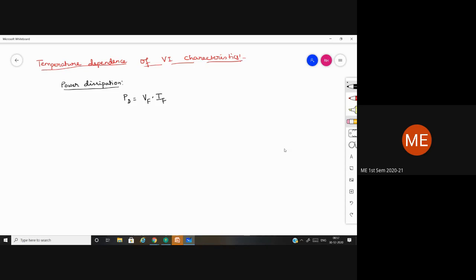Whenever you purchase a diode, you can find the data sheet, even on Google. This data sheet contains all the characteristics of that particular diode: the minimum temperature at which it will start working, the maximum temperature it can work at, and the maximum voltage and current it can withstand.